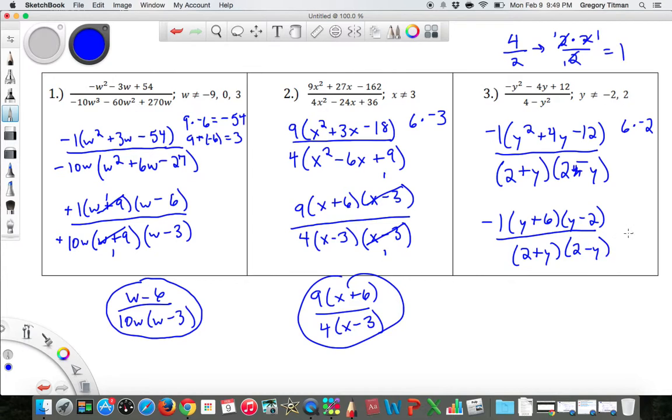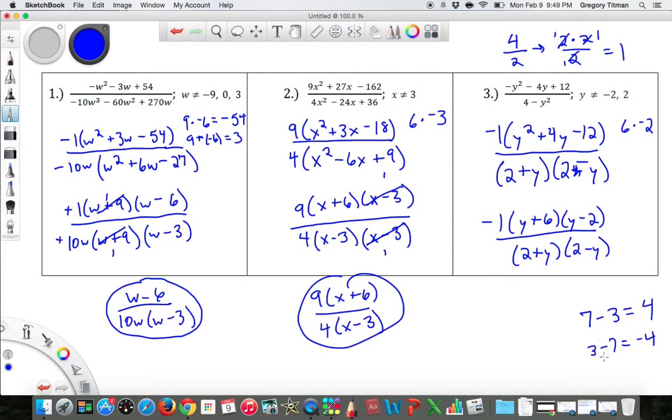2 minus y. Now, when we go to reduce these, remember they have to be identical factors. So the y minus 2 and 2 minus y are very close, just the order is switched. And if we think about a numeric expression to help us think through this, let's say I have 7 minus 3. We all know that that's 4. Well, what's 3 minus 7? Well, that's -4.